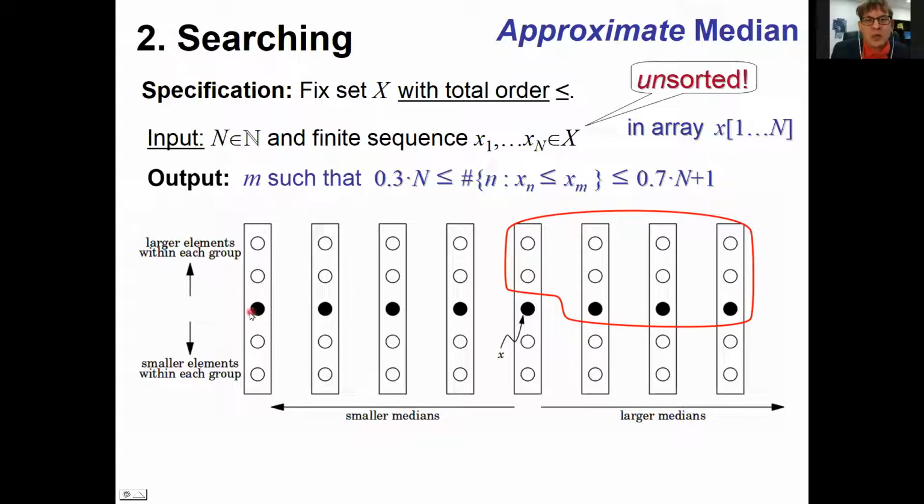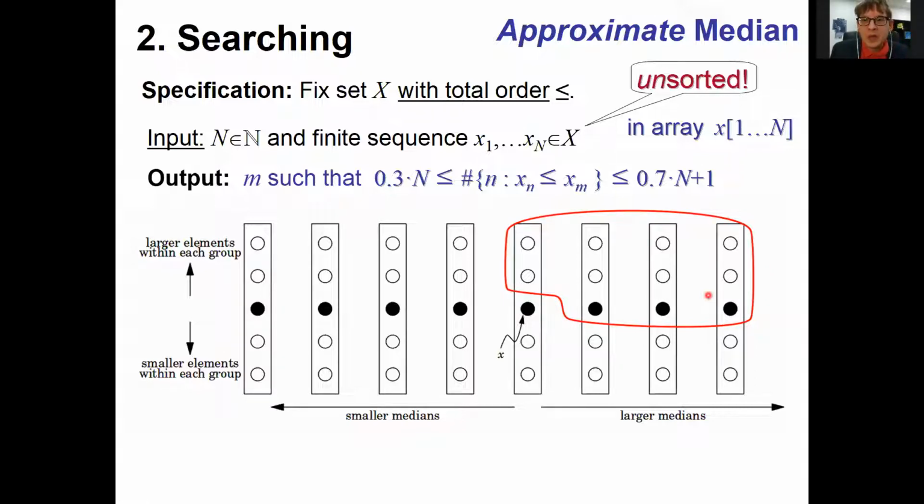And now we have identified the median of these 5, median of these 5, and now we're going to only look at these medians, which now make only 20% of the size of the initial data. And now we recursively calculate the median of these black dots. That's the algorithm. And I'm going to present the algorithm in pseudocode on the next slide.